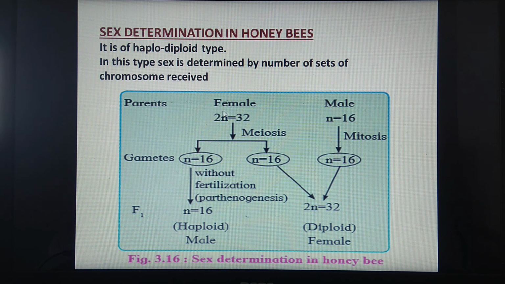Females in honeybees are diploid, consisting of 32 chromosomes, that means 2n is equal to 32. It is the diploid condition. So females are diploid. In case of males, n is equal to 16, haploid number of chromosomes are present.